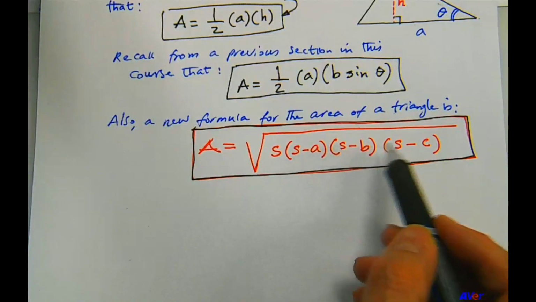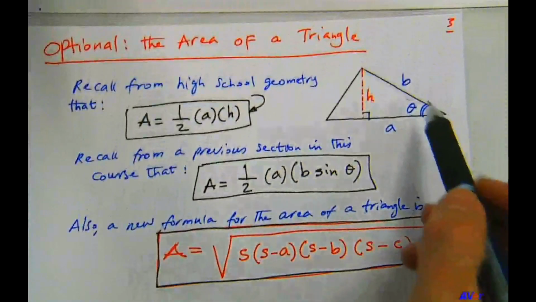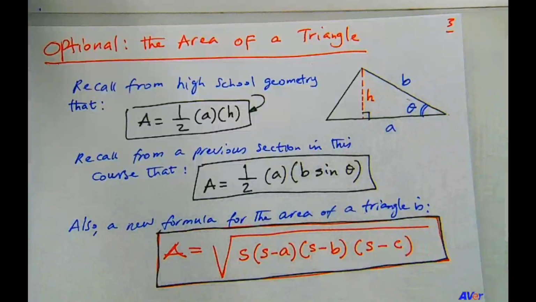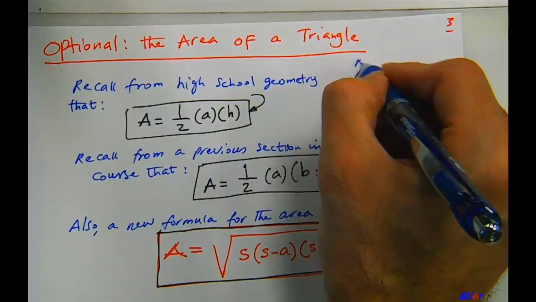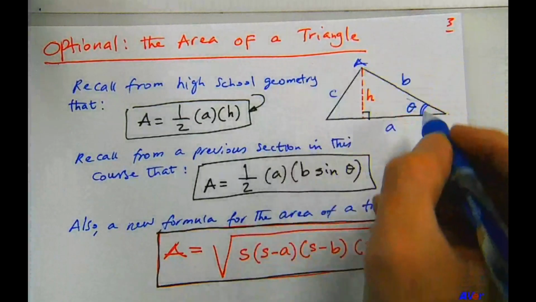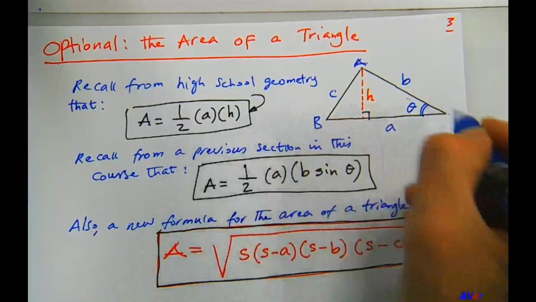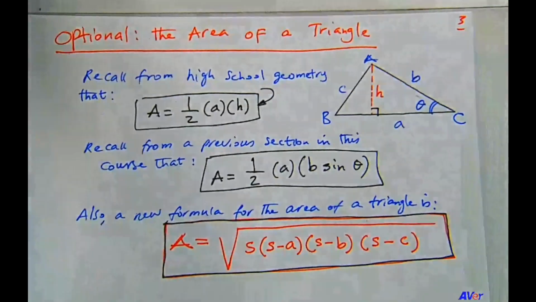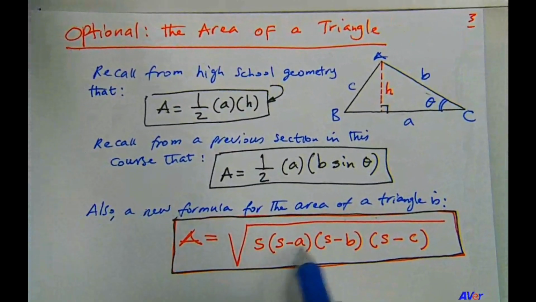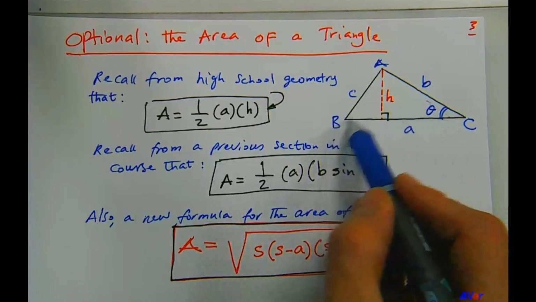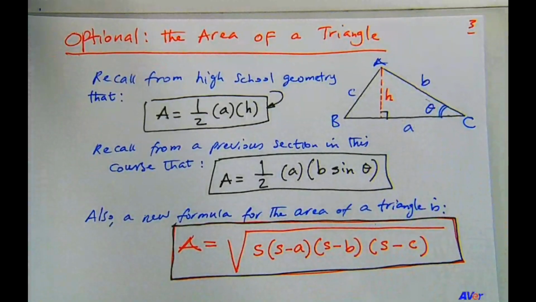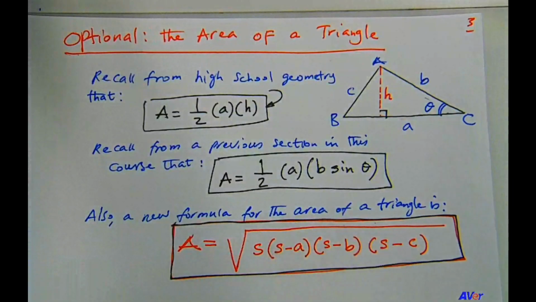Because A, B, C can be taken as the measure of these sides, right? So if we call this C, and I will call this B and this C, then A, lowercase b, lowercase c are the measure of these sides. But what about S? What does that represent?